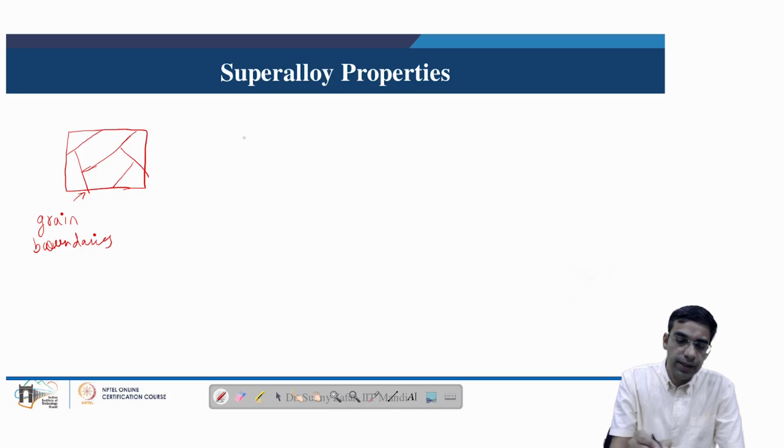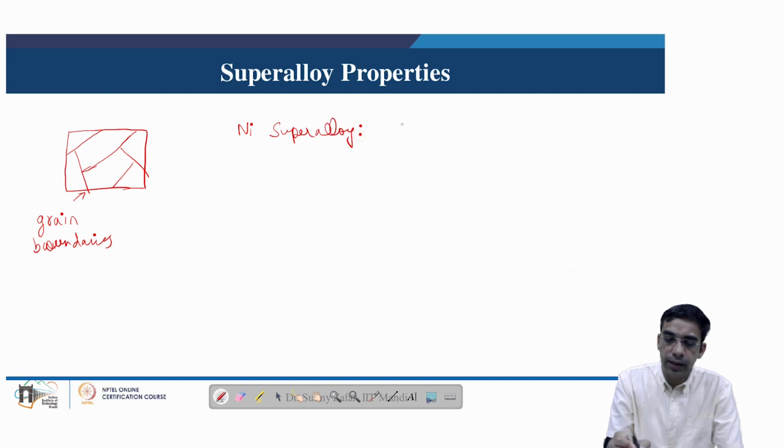Now what happens in superalloy? In nickel based superalloy, there is nickel present which has a face centered cubic structure.